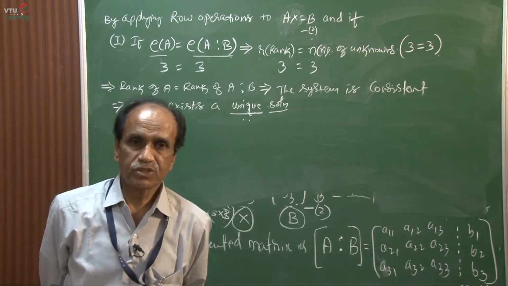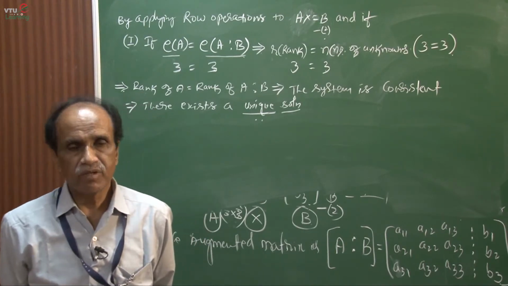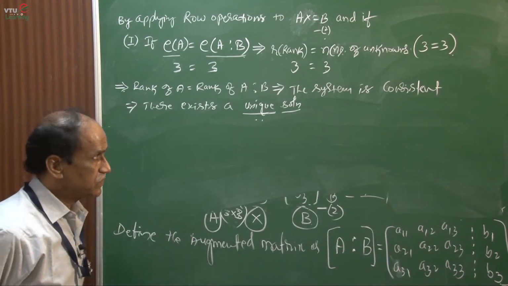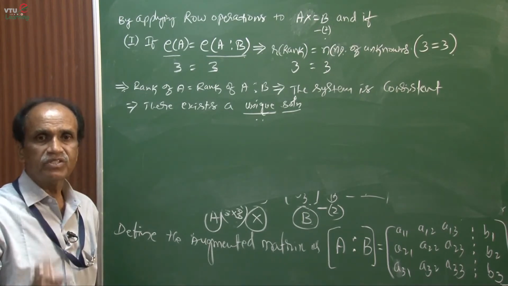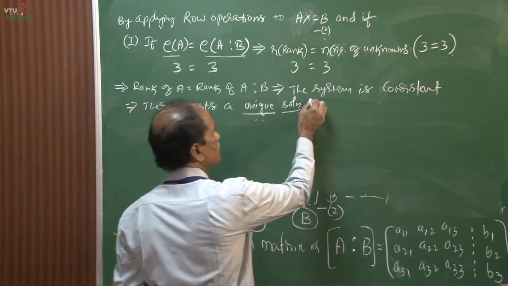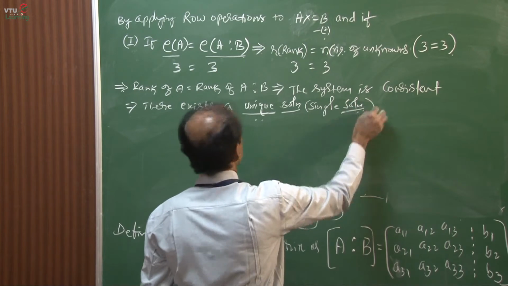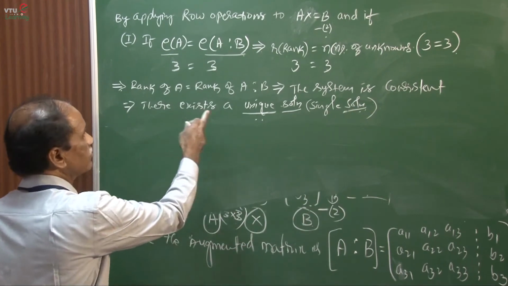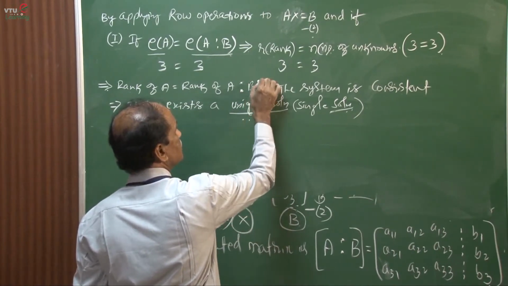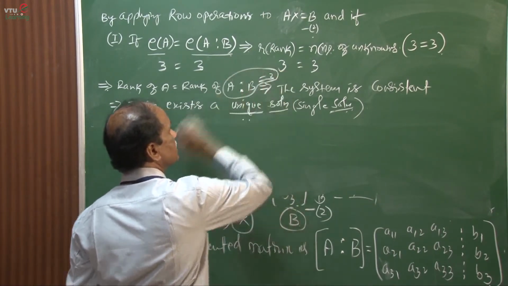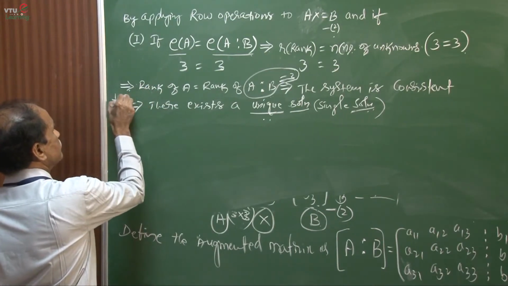What do you mean by unique solution? Unique solution means it's a number for X, number for Y, number for Z. That means only one particular solution will exist. Unique solution means single solution. In which case rank of A is equal to rank of AB, that is equal to 3 in this case, because the example I have taken is 3 cross 3. So this is the first discussion.